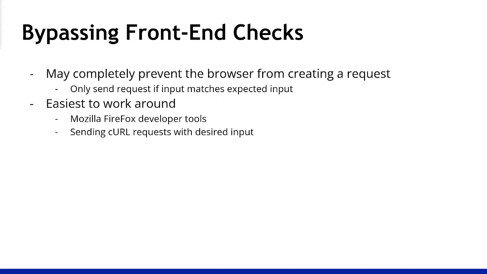There's two ways to work around this. Either A, we can use Mozilla Firefox's developer tools, because they have a pretty good one built right in, or we can also use curl requests, which is a terminal Linux command. We can do that on our end, and we can basically bypass these filters altogether.